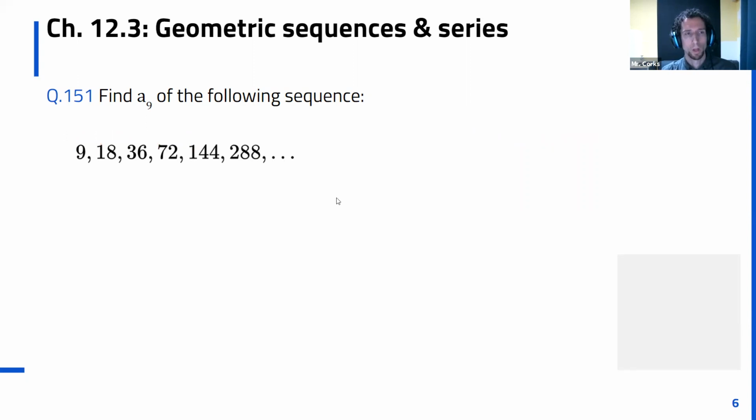Erase that. So now actually using some of those formulas, or you don't need to use the formula, but it would be helpful here. So find the 9th term of this sequence. And you can write it in the chat when you have it.